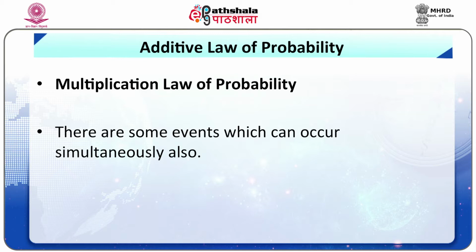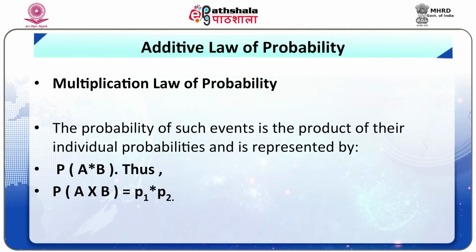Multiplication law of probability. There are some events which can occur simultaneously also. The probability of such events is the product of their individual probabilities and is represented by P(A into B).